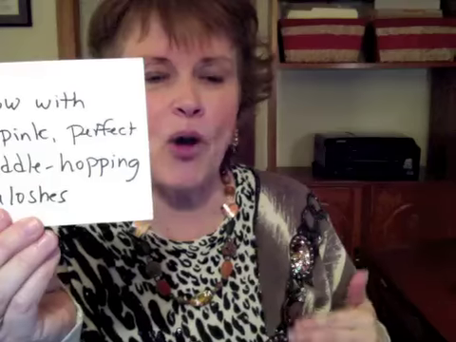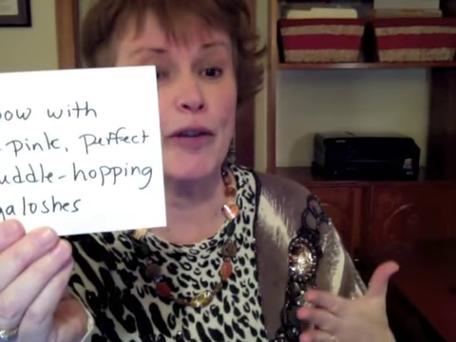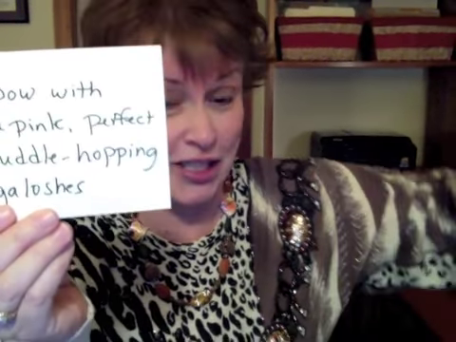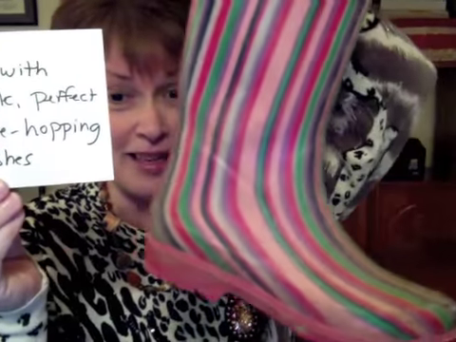Great observation somebody made. Someone else might have rainbow with extra pink, perfect for puddle hopping galoshes. And that's what these would be. Looks like they've even done a little puddle hopping. They are muddy. So take something ordinary, put them all together, and everybody does some describing.